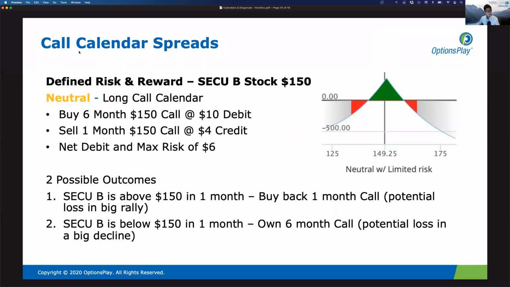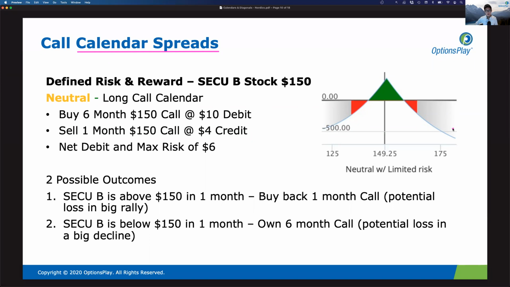So when we talk about trading a calendar spread, the benefit, as you can see from the risk profile, is that you have a risk profile very similar to a short straddle, but you have 2 key things. Number 1, you have limited risk with the strategy, so you're not exposing yourself to unlimited risk. And number 2, the amount of capital that you need to get into the trade is only the debit that you need to pay.